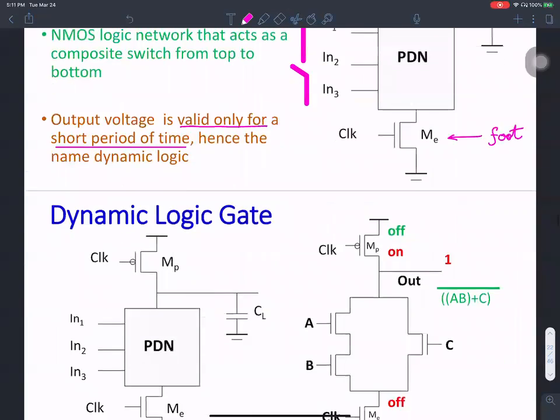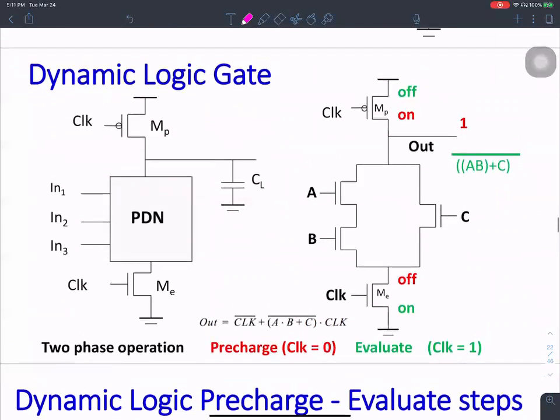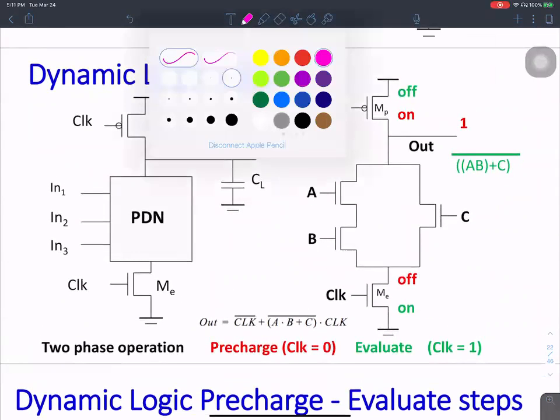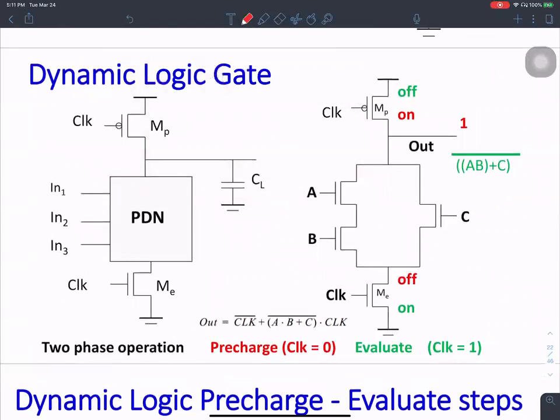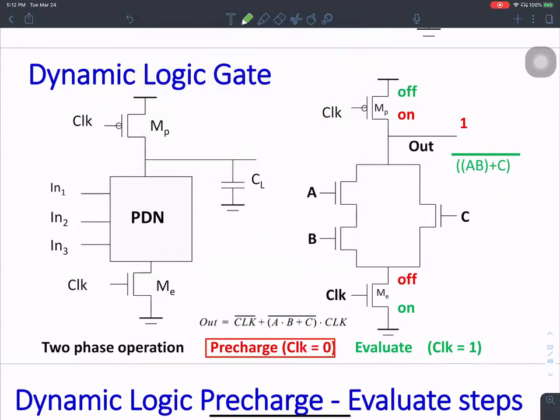There are two modes of operation, two paradigms of operation, for a dynamic logic gate. Shown in red is the precharge phase, and that happens when the clock is 0. Shown in green, the evaluate phase happens when the clock is 1.